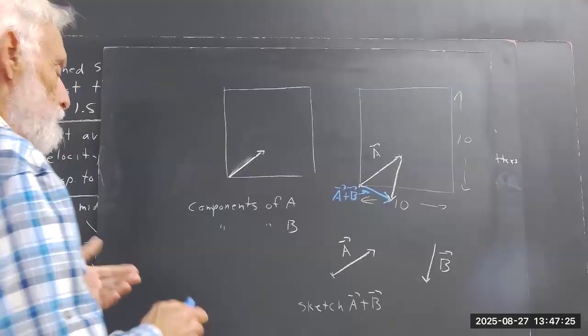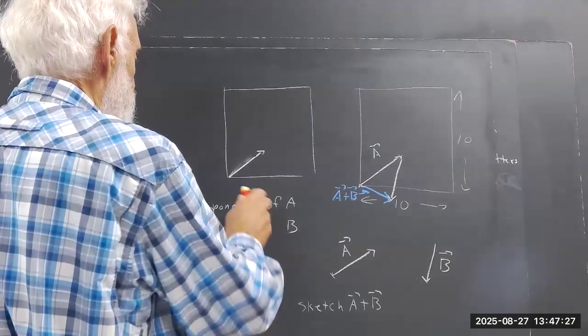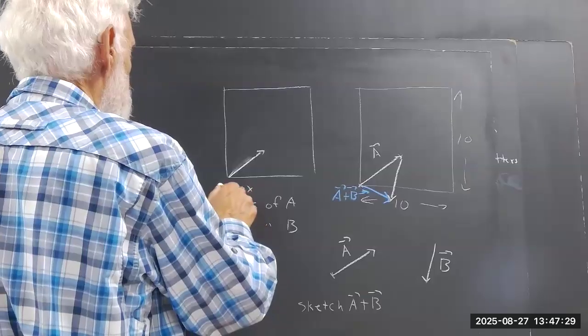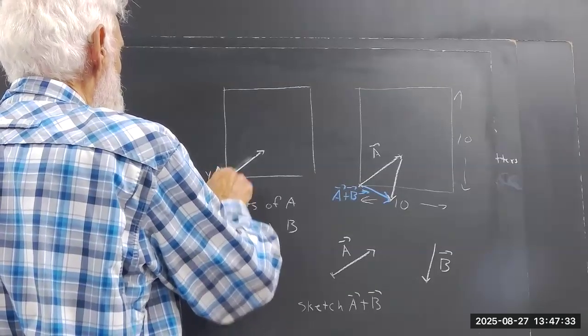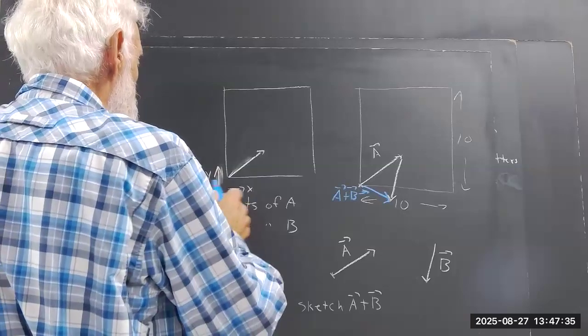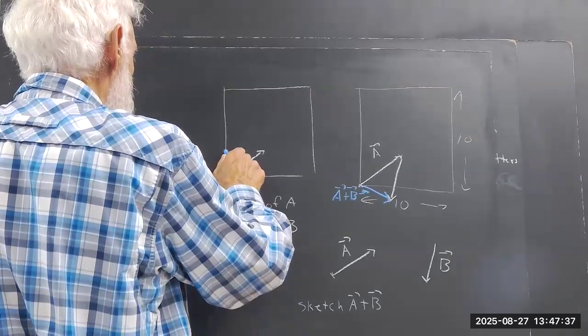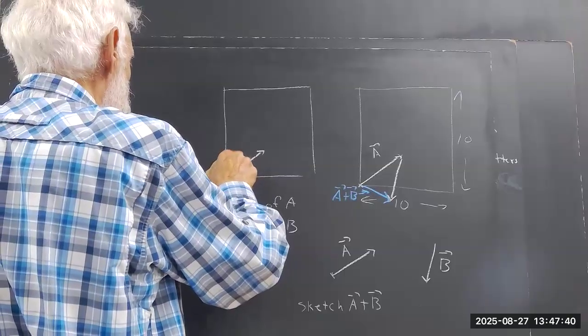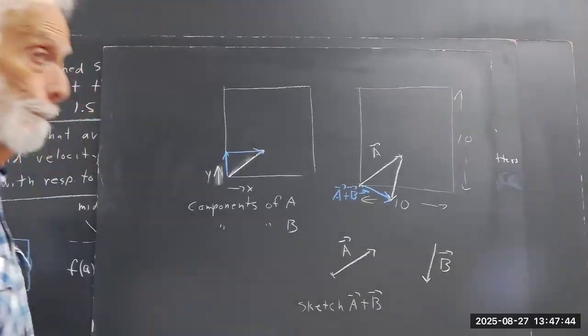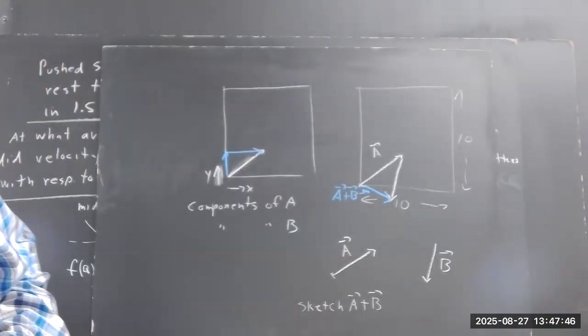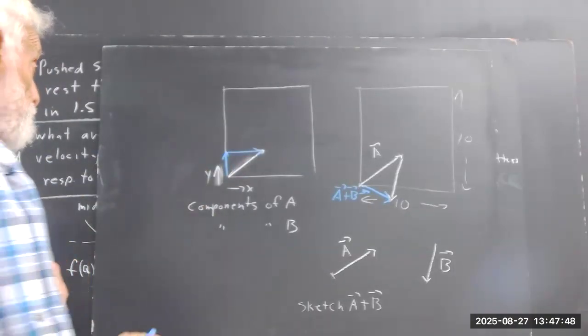To get to A, assuming this is your X direction, and this is your Y direction, we can go this far in the Y direction and this far in the X direction, right? So these are your components.